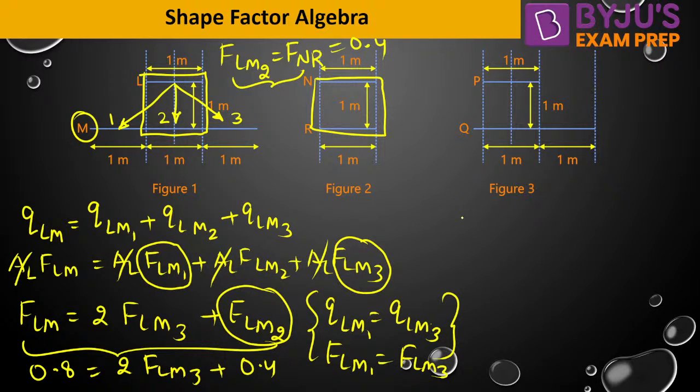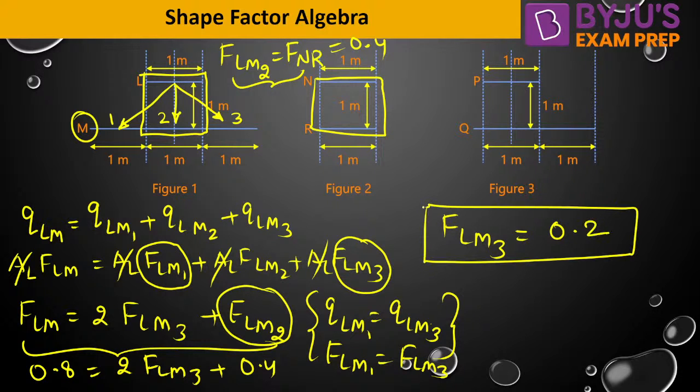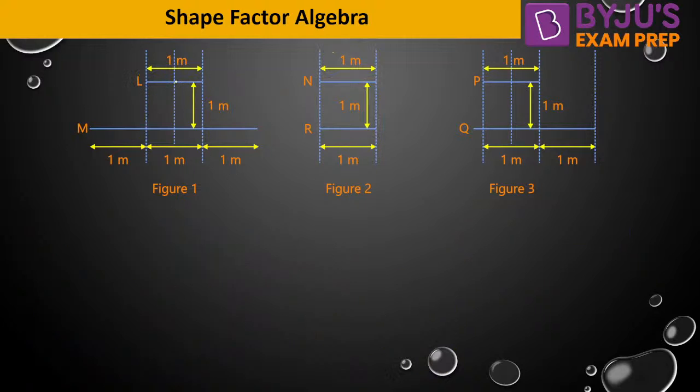Then we can find FLM3 as 0.8 minus 0.4 divided by 2, that is 0.2. Getting it? FLM3, and from the symmetry principle, FLM3, this is M3, is equal to FPQ2. This is, let us say, 1, this is 2. So FLM3 is equal to FPQ2, isn't it?